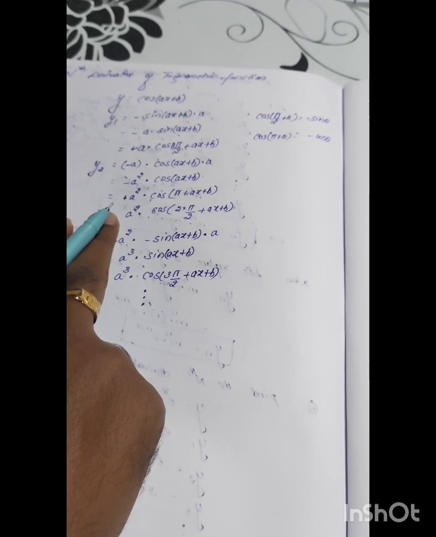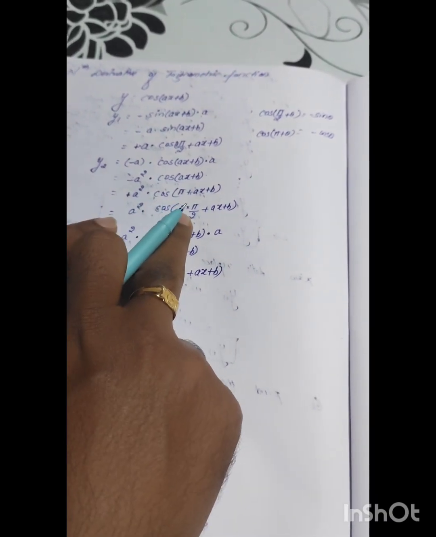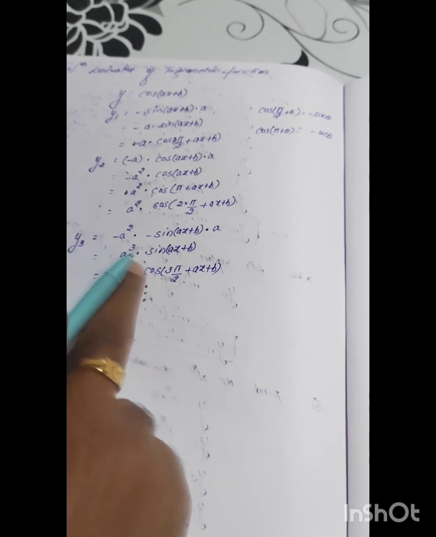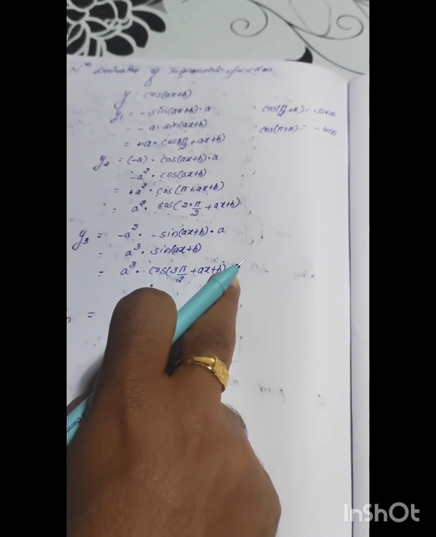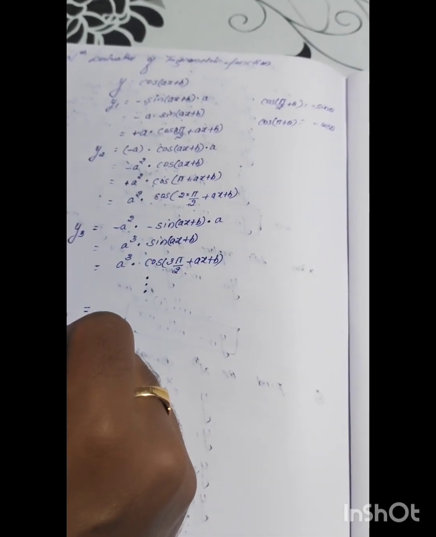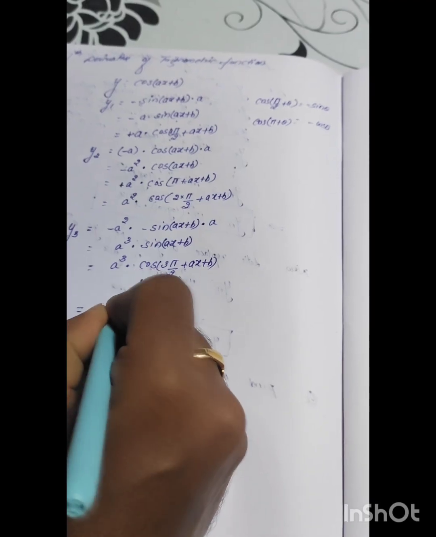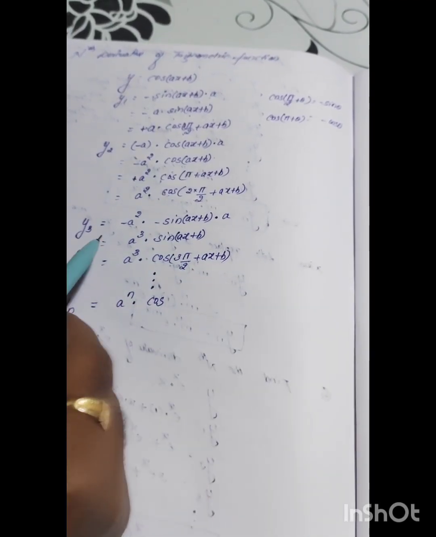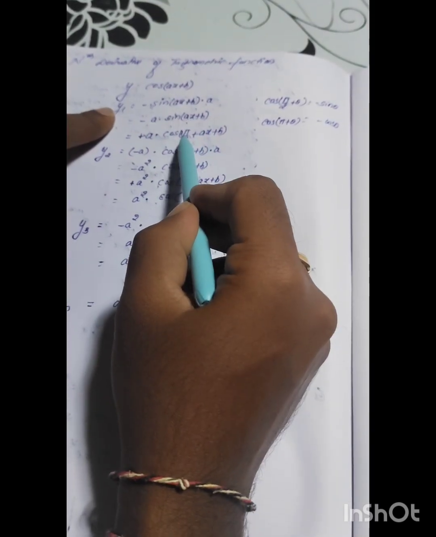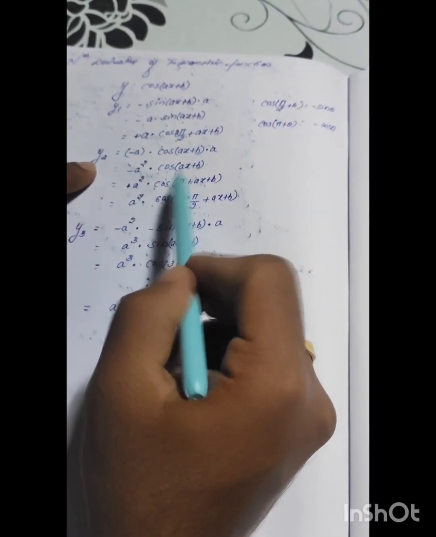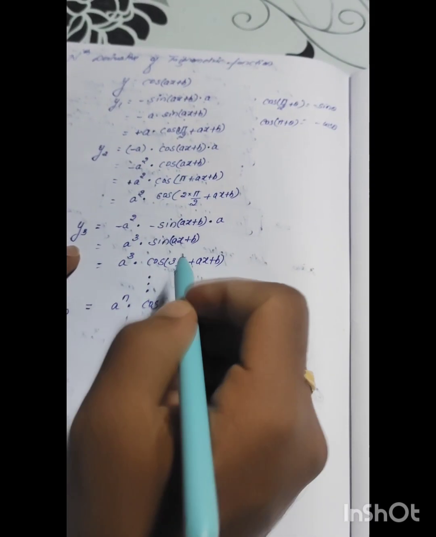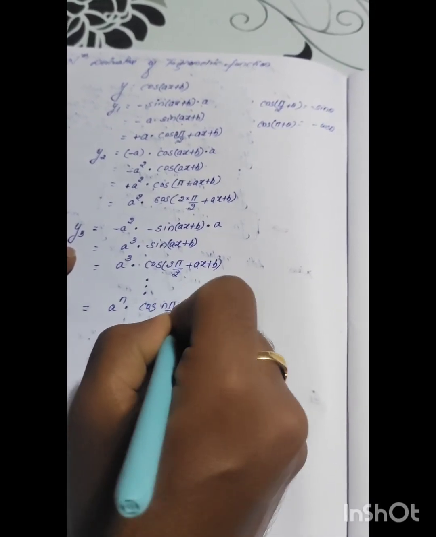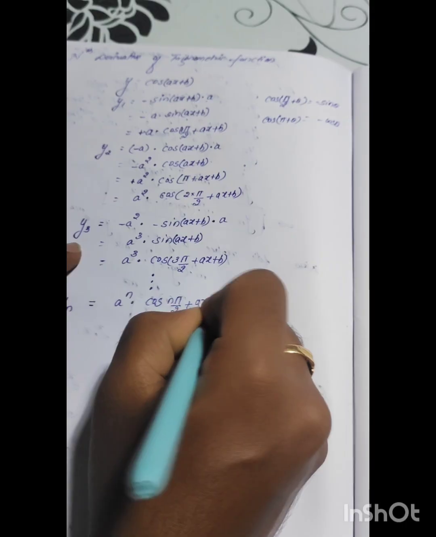And y2 is a square into cos of 2 into pi by 2 plus ax plus b. When I am taking y3, it is cos of 3 into pi by 2 plus ax plus b. So when I am taking the nth term, it will become a raised to n into cos of, see, for 1 it was 1 pi by 2, for 2 it is 2 pi by 2, for 3 it is 3 pi by 2, so this will become n pi by 2 plus ax plus b.